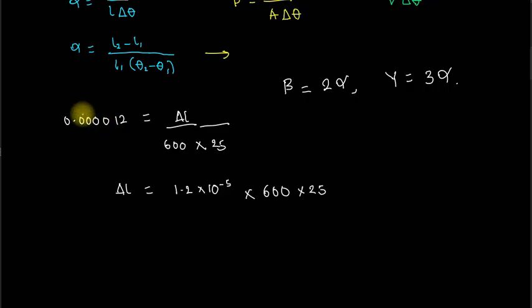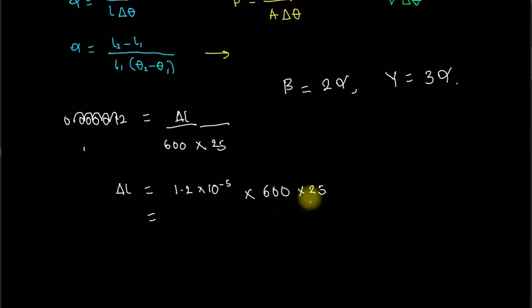Another shortcut is to count the number of decimal places: 1 2 3 4 5, and then we get 1.2 times 10 raised to the power minus 5. Remember, when you are counting towards the right, you use negative, but when you are counting towards the left, you use positive. Just remember that. Okay, so let's simplify.